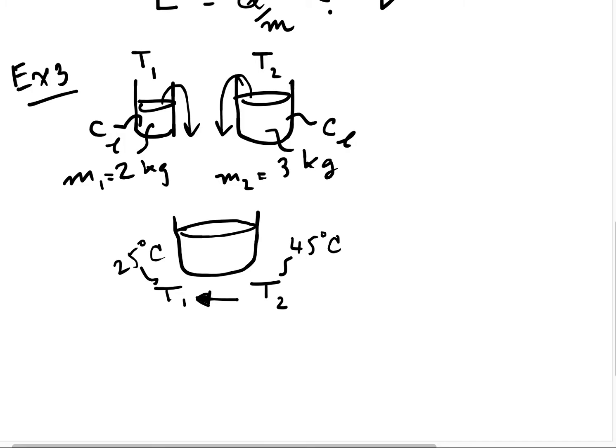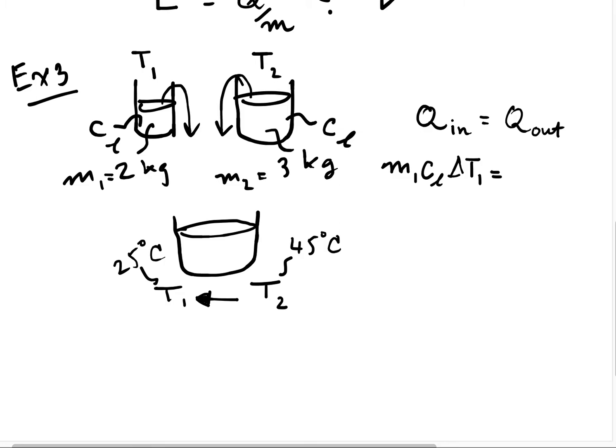Okay, so what we can calculate from here is we can write down the equation Q in equals Q out. So here we are considering the heat or the energy that is coming into the colder water. So I write down here M1 C delta T1.